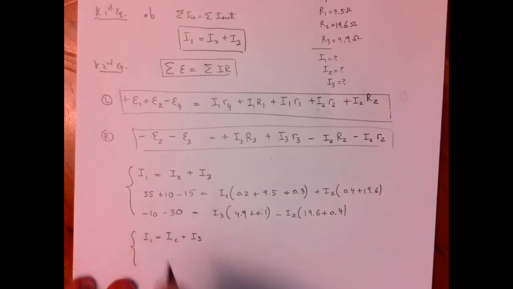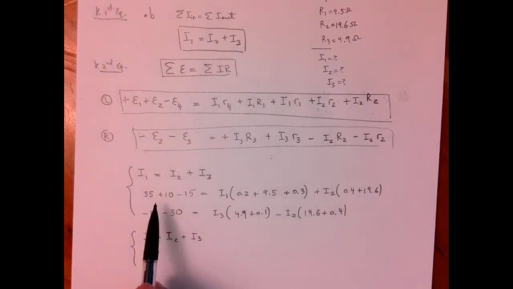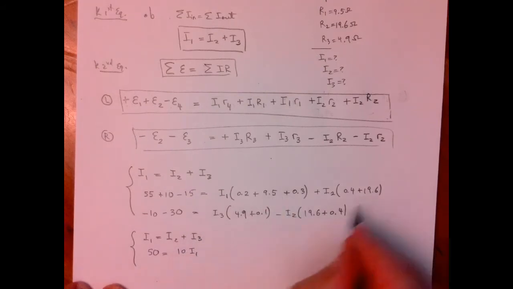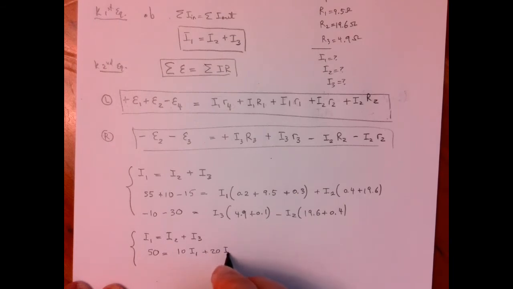This is equal to 50. Here we see it is 10, so it is 10 I1 plus 20 I2, while here we have negative 40 is equal to 5 I3 minus 20 I2.